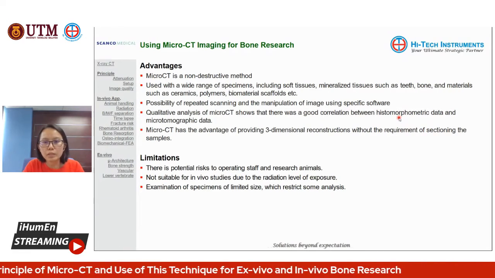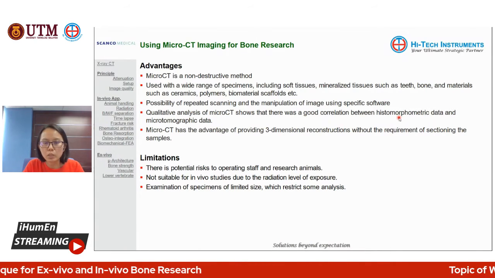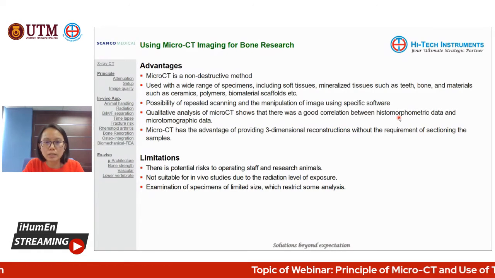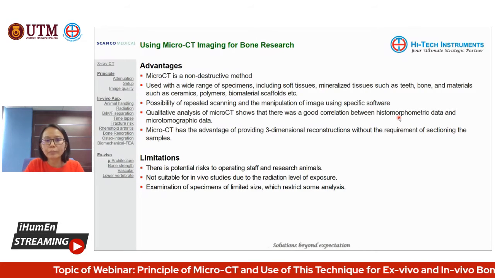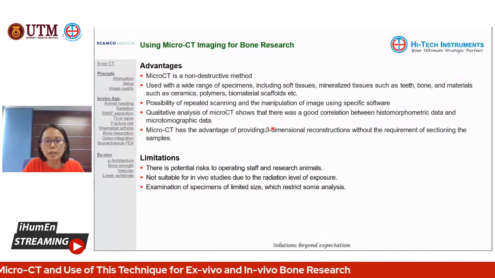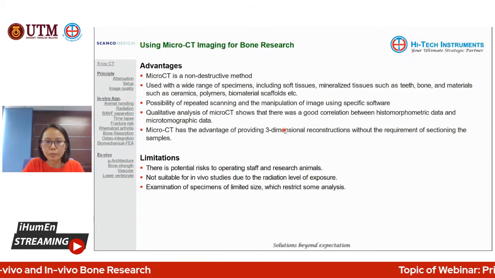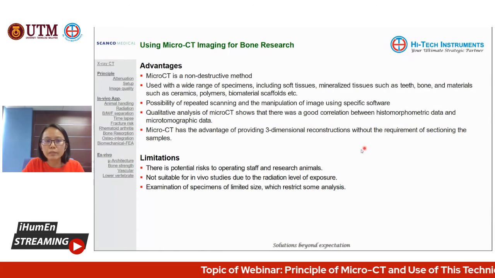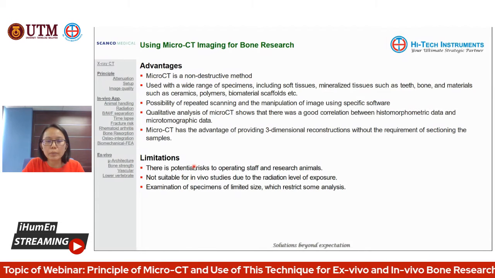They see the exact correlation between the histostain section and their micro CT reconstructed image itself. And lastly, micro CT has the advantage of providing a three-dimensional reconstructed image or data without the requirement of sectioning the samples.